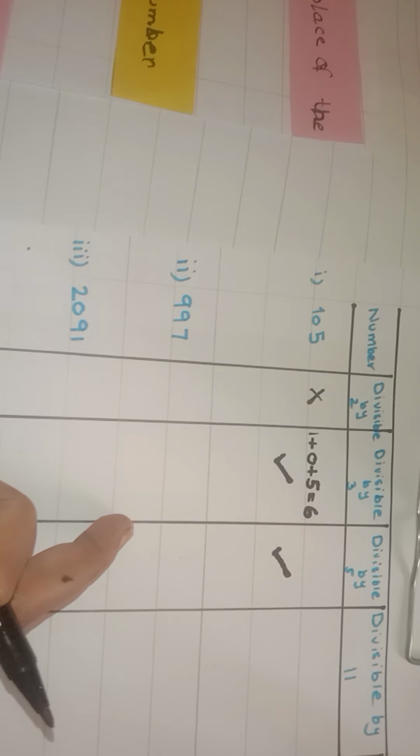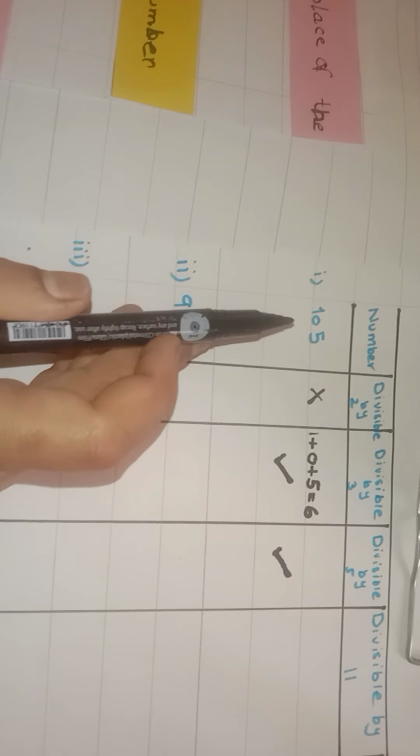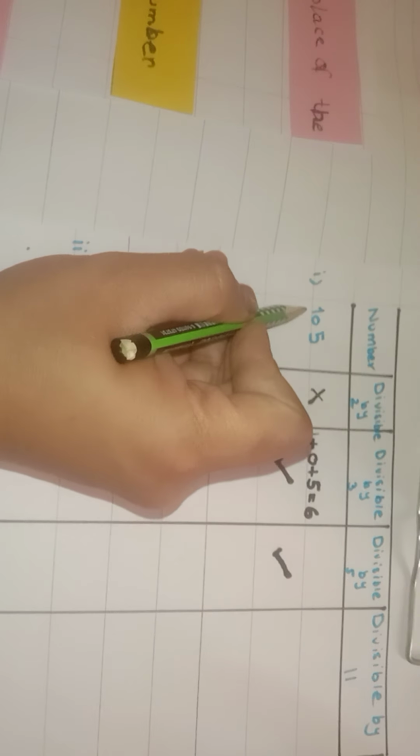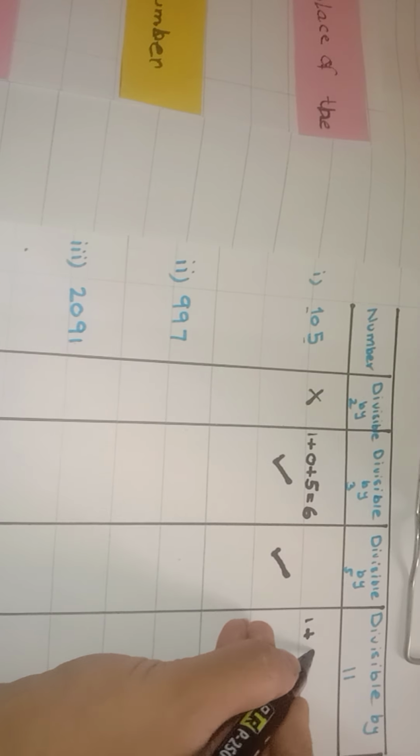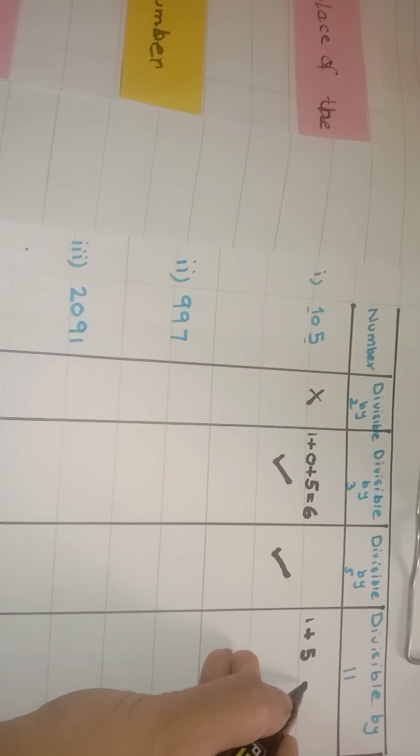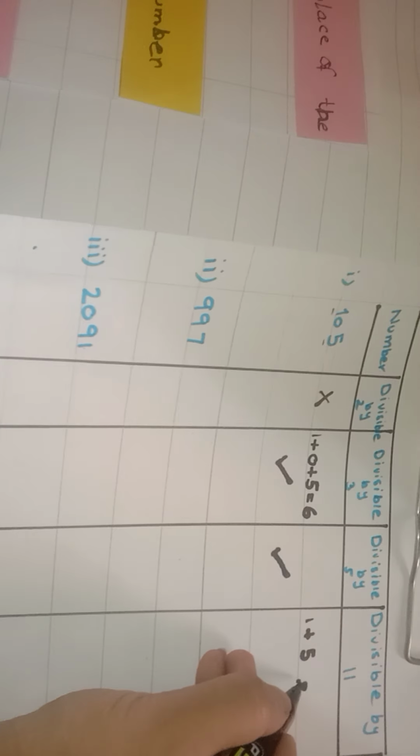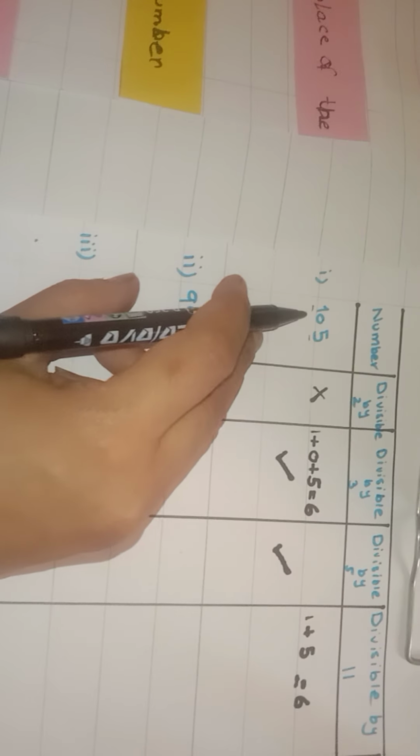Now to check whether the number is divisible by 11, the sum of the alternate digits should be 0 or 11. Alternate digits, we have discussed it in the previous lecture. We will add 1 and 5. 1 plus 5, and here there is no number on the other side, so it is only 0.